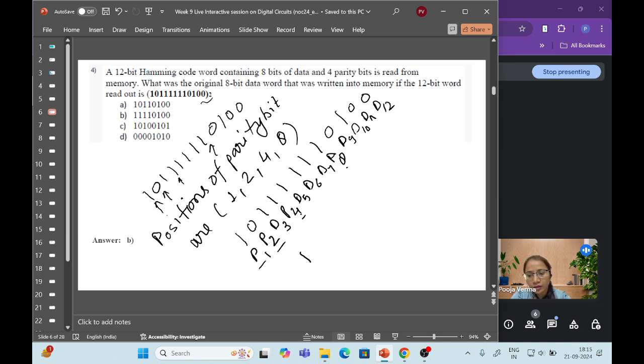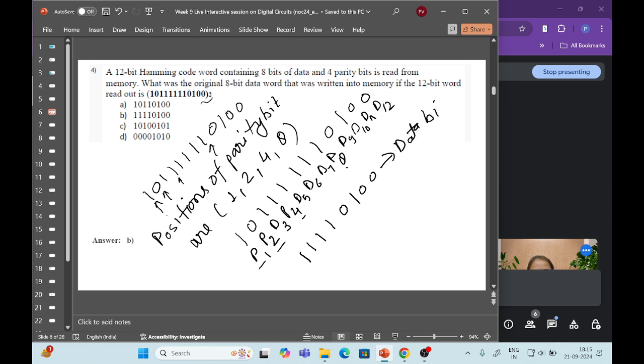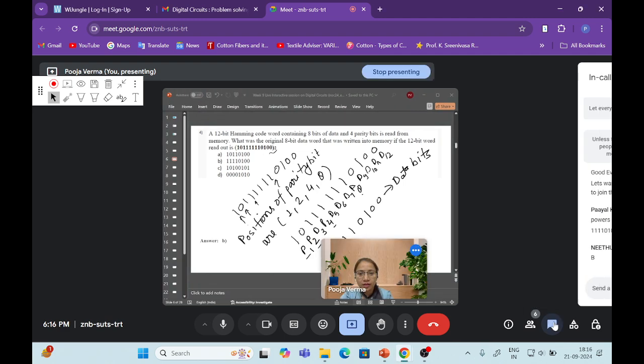That is 1, 1, 1, 1, 0, 1, 0, 0. So this is our data word. Now choose from the options which one is correct.